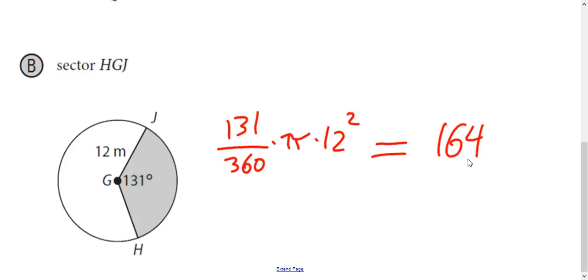Rounded to the nearest hundredth would be 164.54. The units were meters, and it's area, so square.